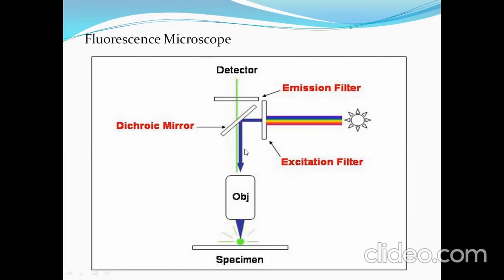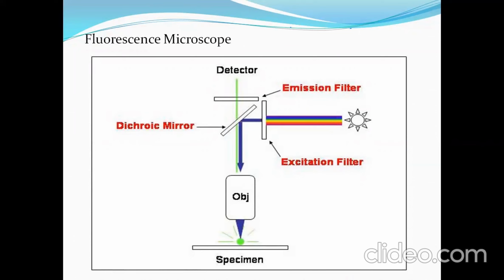So the function of this dichroic mirror is that it will reflect the light which is below the transition wavelength. Am I clear? And it just transmits the light rays which are above the transition wavelength.